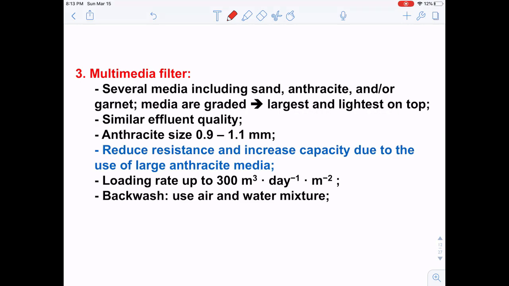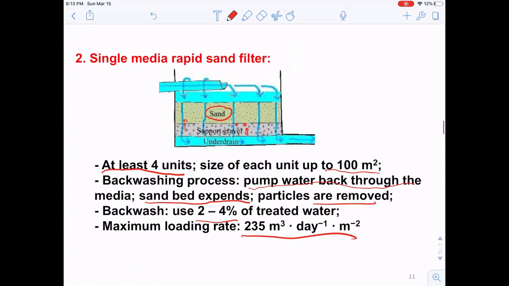So there can also be the multimedia filter. If we use sand here, then we know that the sand particle size is quite comparable to each other. What this means is that no matter how large the particle in the water is, they will deposit quite uniformly in the sand.